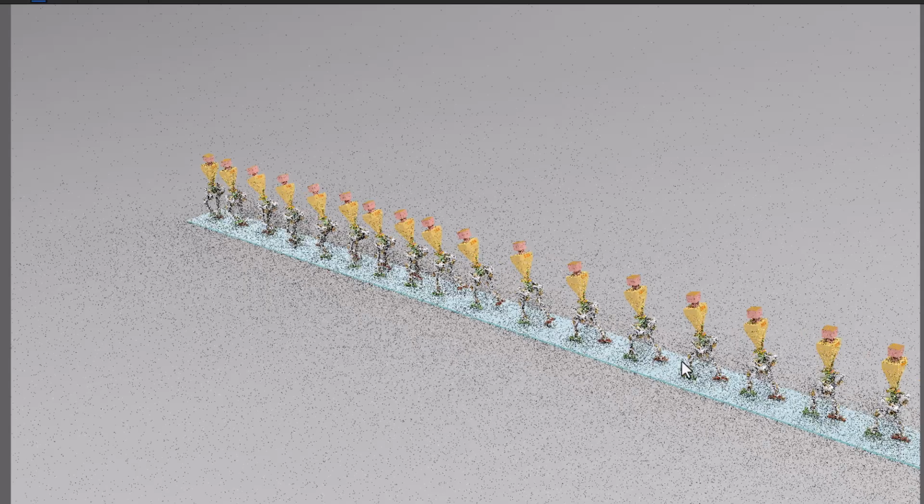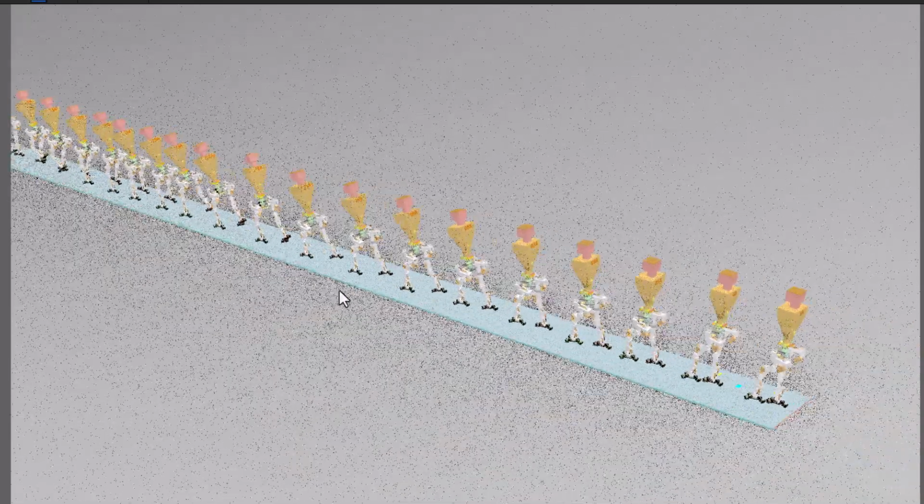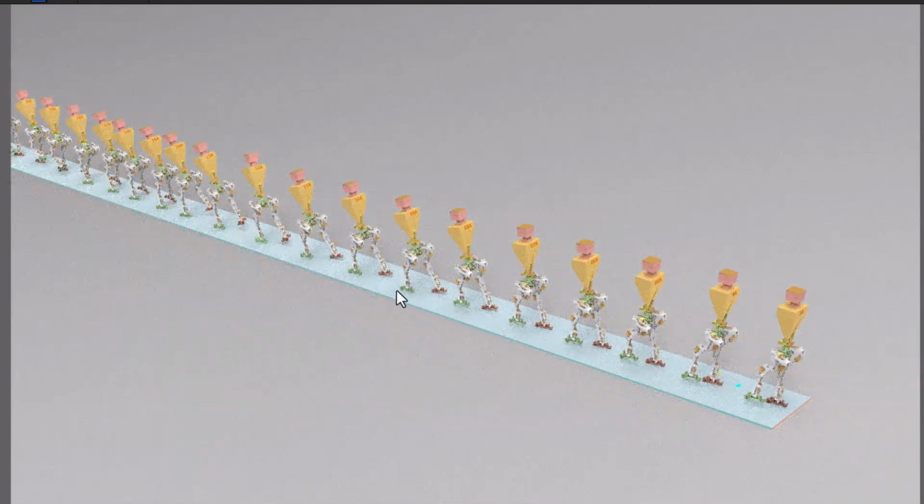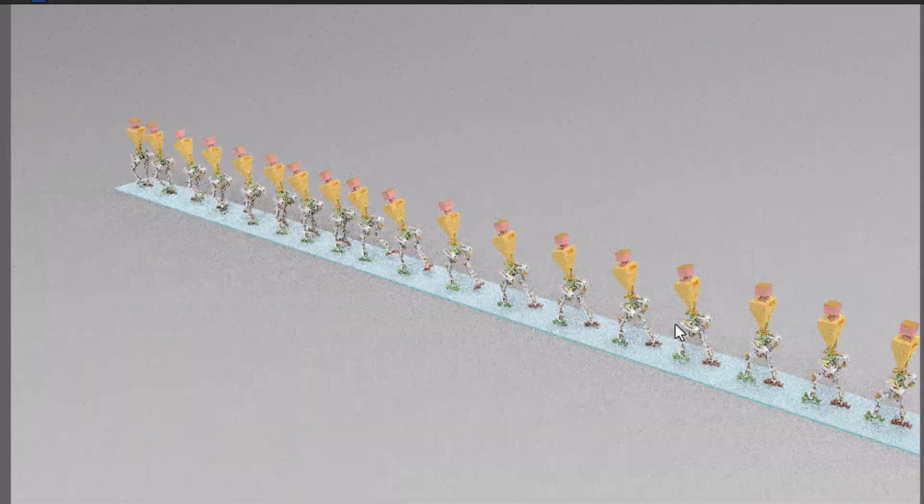When the left foot was free, it moved forward, and when the left foot was on the ground, the right foot moved forward. This is how human beings walk.